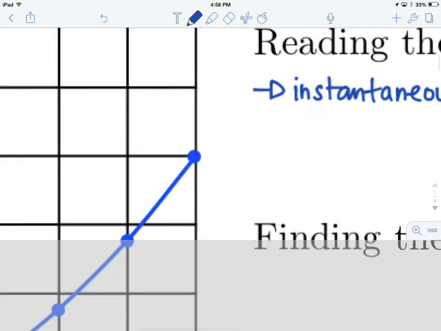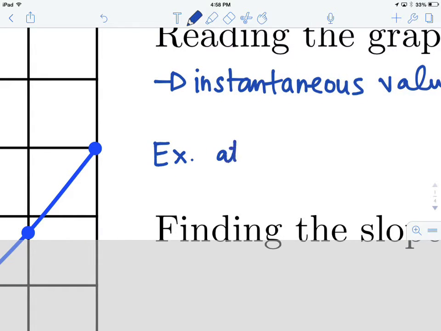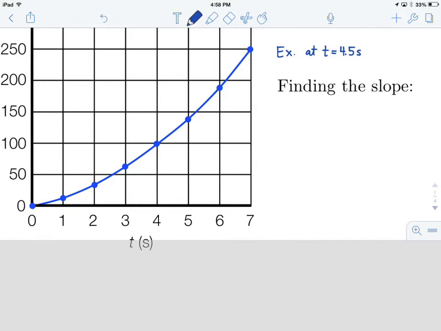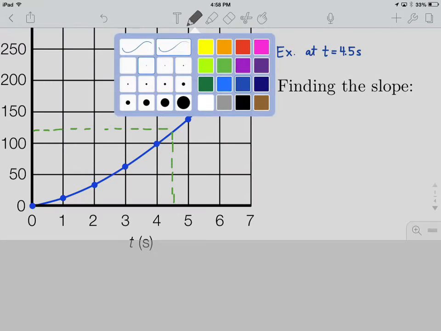So for example, we might say then at t equals 4.5 seconds, and we could look down here, use our ruler, and we could estimate that at t equals 4.5 seconds, we get a displacement of approximately, yep, you can read it right off the graph, 125 meters east.